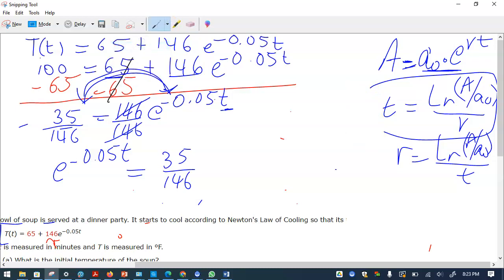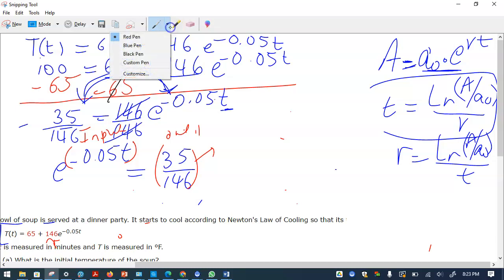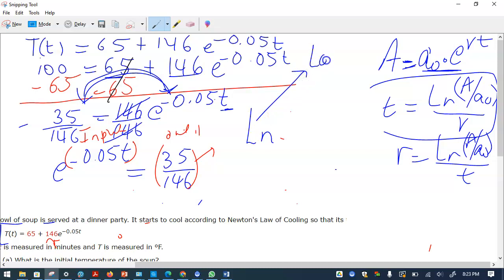This is the input, okay, and this is the output. So when you want to write this in the logarithmic form, instead of logarithm, I will just write ln because the base is e. Remember, this is actually logarithm to the base e. This is how it is, and this becomes the input.